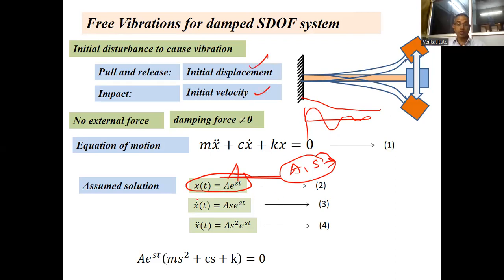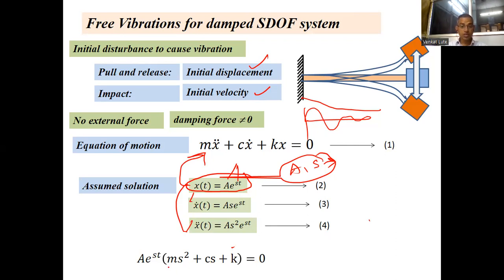So you take the differentiation of this, another differentiation of this, and substitute all into the equation of motion, and you'll get this equation here: a into e power st times (m s square plus c s plus k) equal to 0.